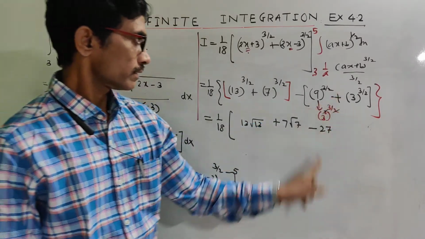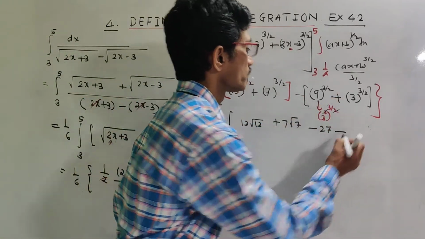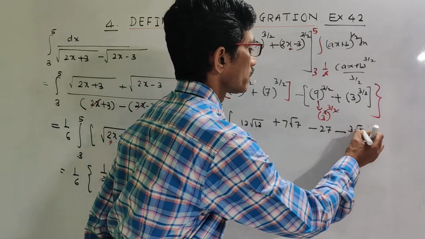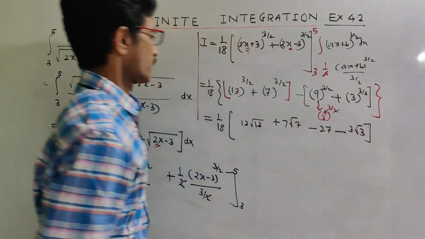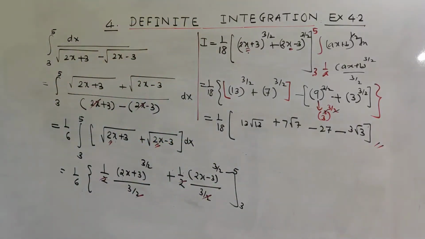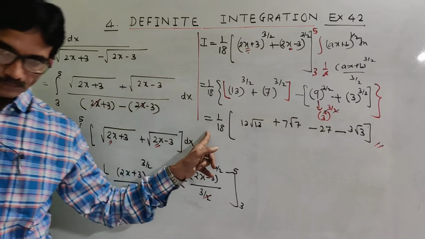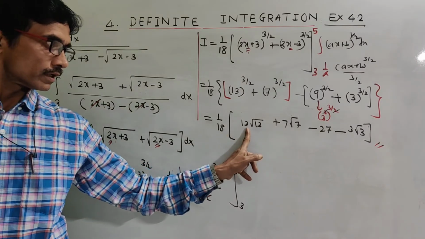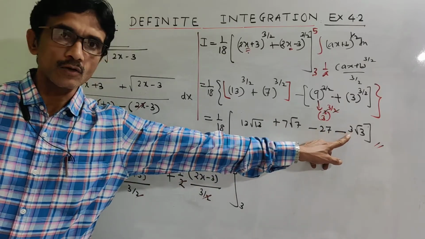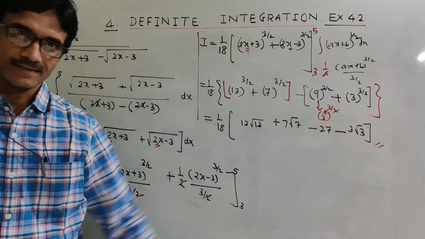Minus 27. Minus 3 raised to power 3 by 2 is 3 root 3. So this will be the answer of the integral: 1 upon 18 times 13 root 13 plus 7 root 7 minus 3 root 3 minus 27.